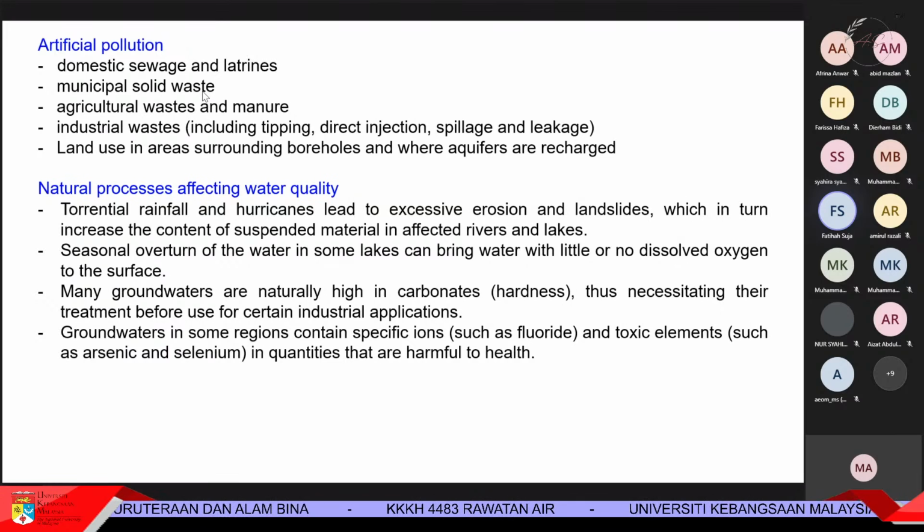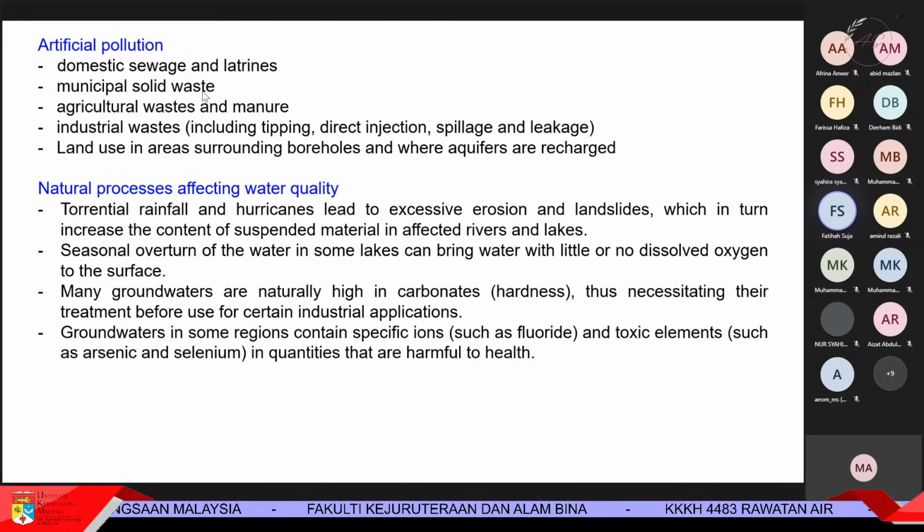So a confined aquifer here is overlain by an impermeable layer that prevents recharge, and if it prevents recharge, then it also prevents contamination by rainfall or surface water.